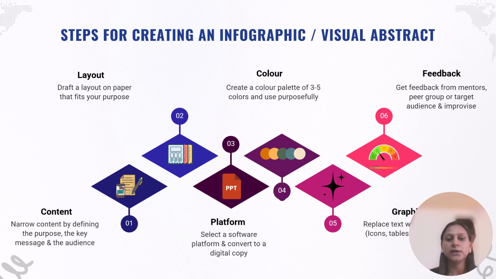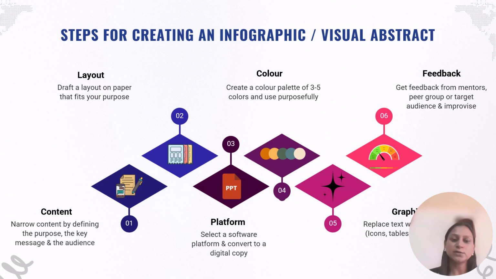So here is a summary, or the checklist, for creating an infographic or visual abstract. First, narrow down the content by defining the purpose, the key message, and the audience for whom you're creating the visual abstract. Second, draft a layout on paper that fits your purpose. So put in the title, put in what you want in the method section, put in what you want in the result section, and the conclusion.